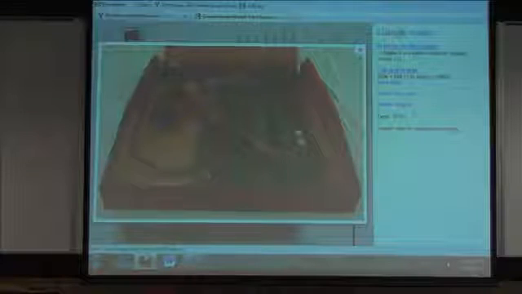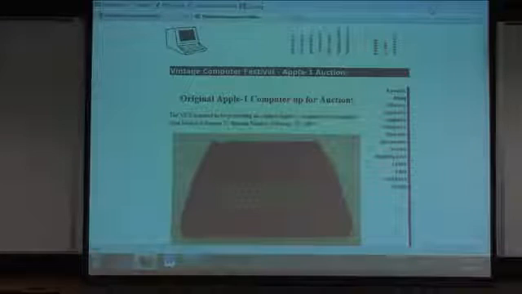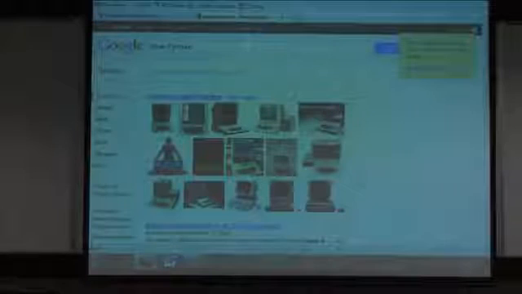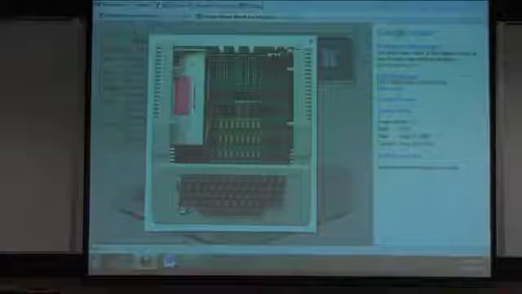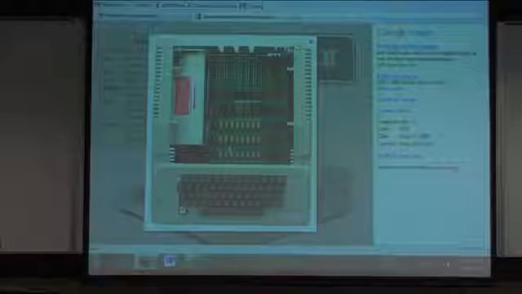Now, what happened in the Apple II? Apple II picture. Let's look inside the Apple II. And it's still one big board. Maybe it was the Apple IIe where it started getting fractured out. Let's look at Apple IIe.